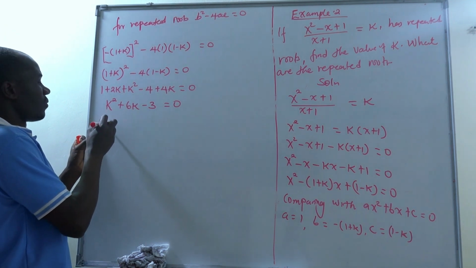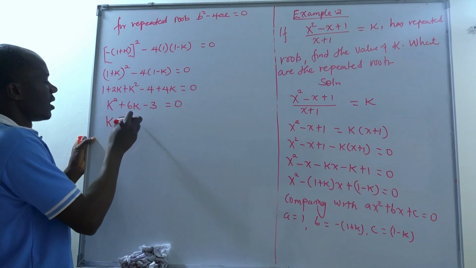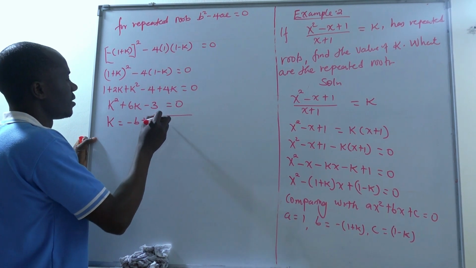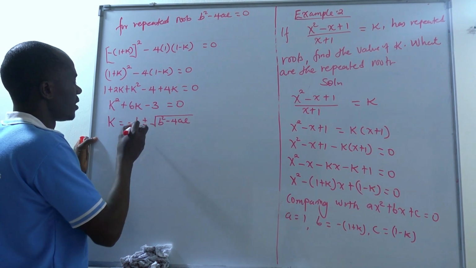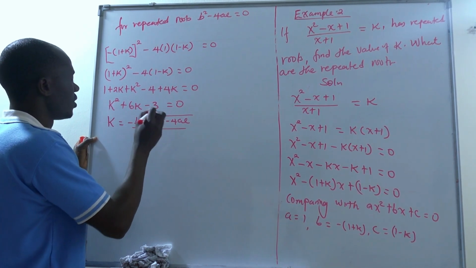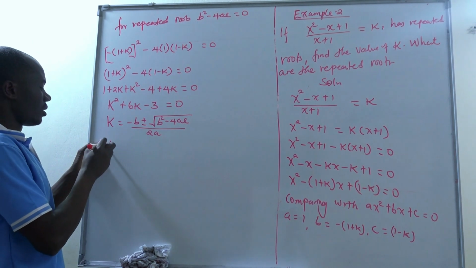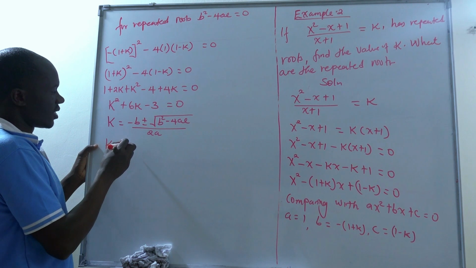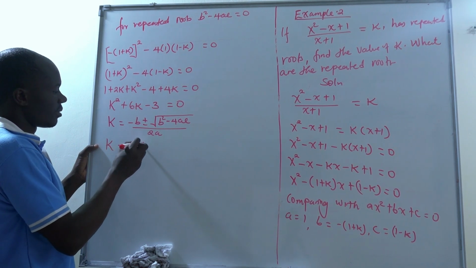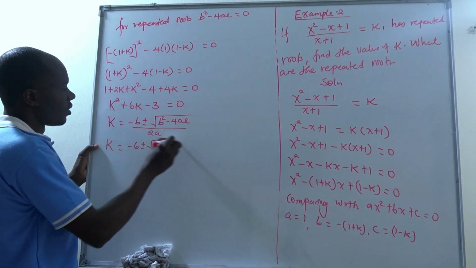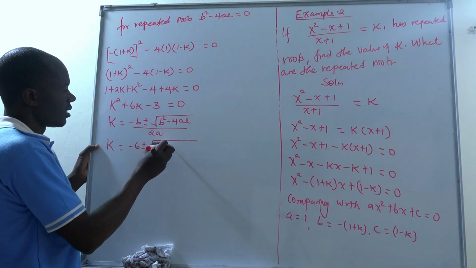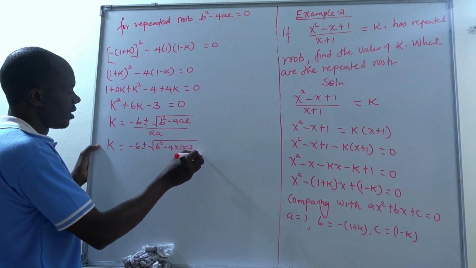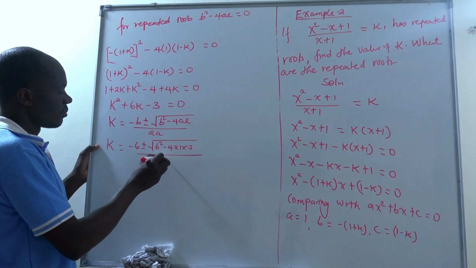So I will use the quadratic formula: k equals negative b plus or minus the root of b squared minus 4ac, all over 2a. Can we substitute in? What is our b? It is negative 6. We say k equals negative 6 plus or minus the root of 6 squared minus 4 times 1 times negative 3, all over 2 times 1.